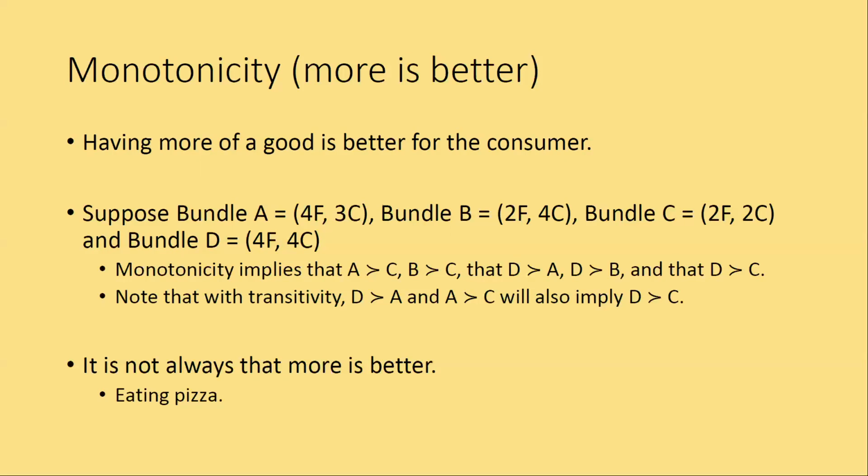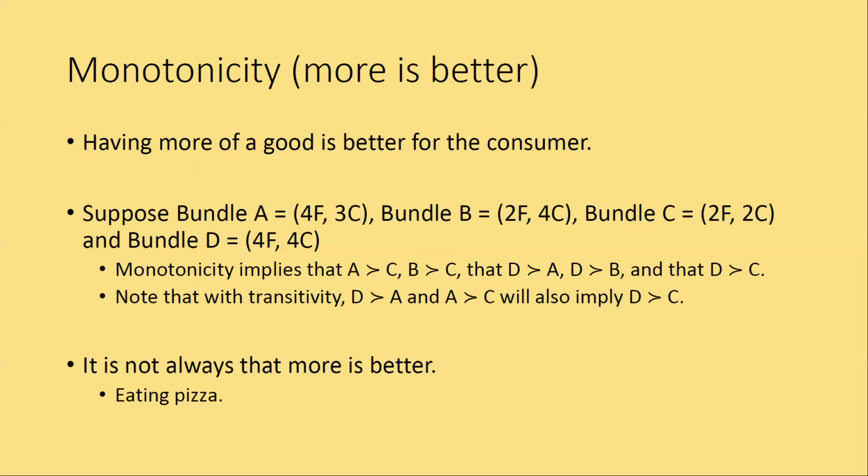And similarly, if we look at bundle B and bundle C, both have 2 units of food, but bundle B has strictly more units of clothing than bundle C does.